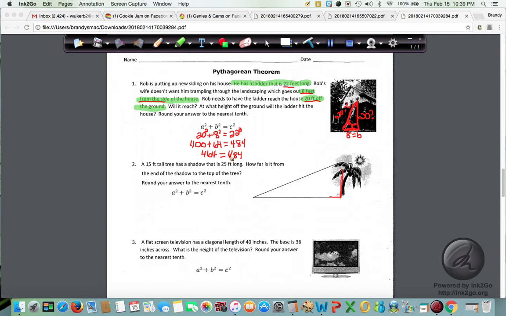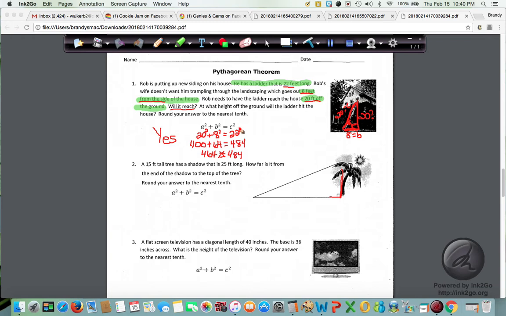So since this number is actually bigger than what we need it to be, the 20 feet to the top of where he needs to go and the 8 feet away from the house, will it reach? The answer is yes. It will reach. Even though this does not give you a right triangle, it will reach.